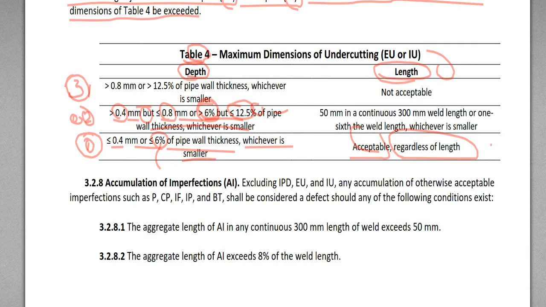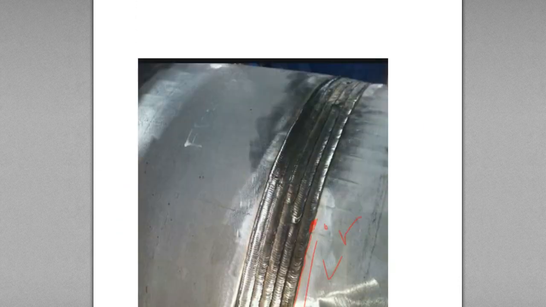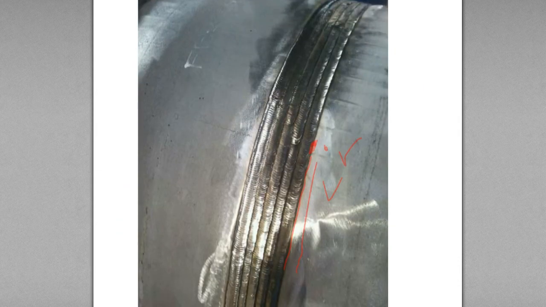The length condition is 50 millimeter in any continuous 300 millimeter length. So here, if the length of the undercut is more than 50 millimeter in 300 millimeter total length of the weld, then it's reject.